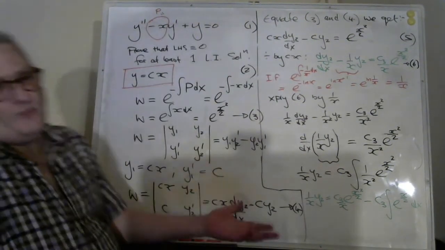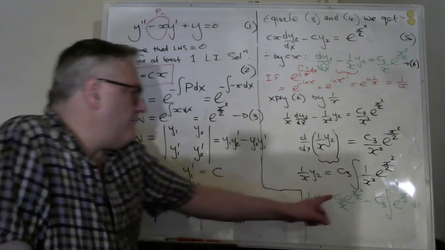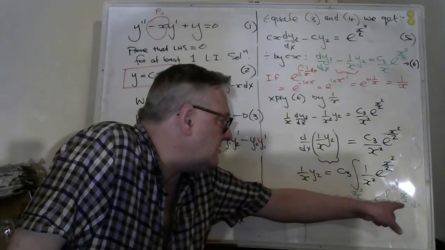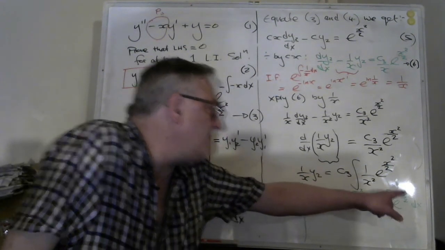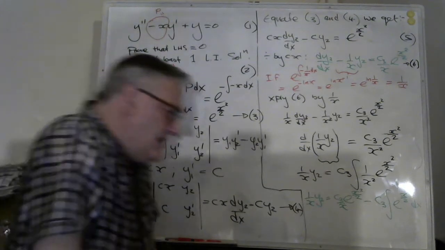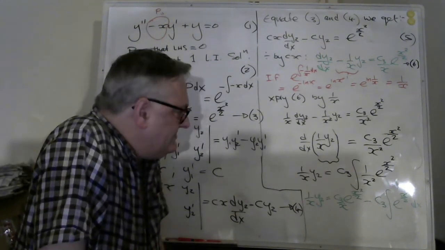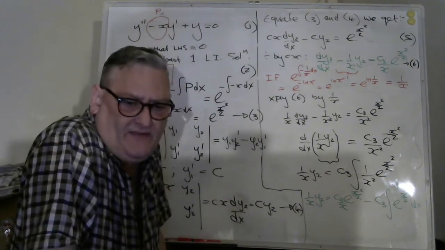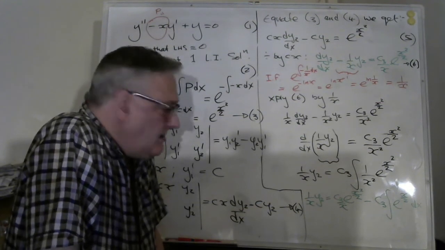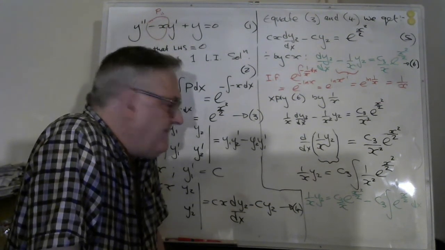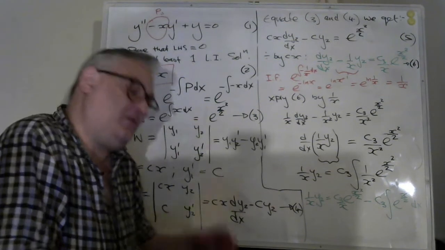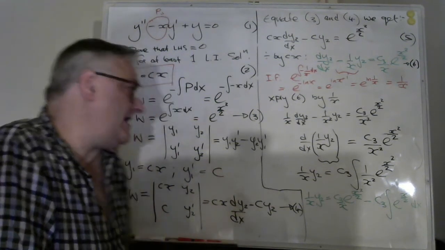We still have a bit of a problem because we've got an integral of an e to the x squared over 2 there, and there is no easy way of integrating that. In fact, you can't integrate it in closed form, but you can approximate it numerically.